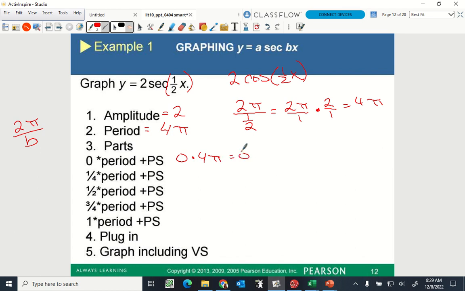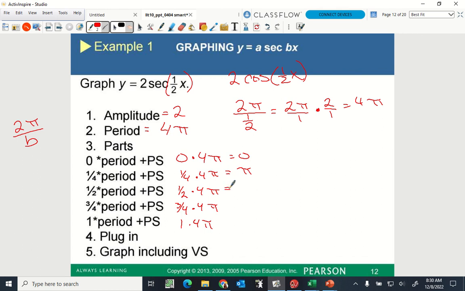Next one is 1/4 times 4 pi. 1/4 of 4 is 1, so that's 1 pi.